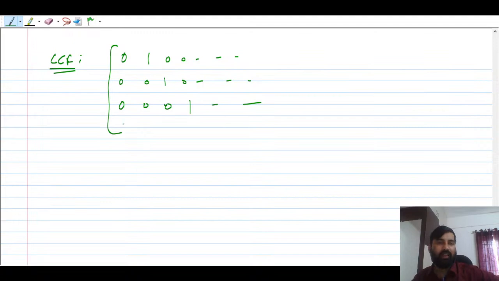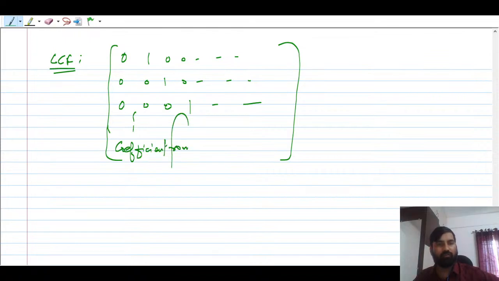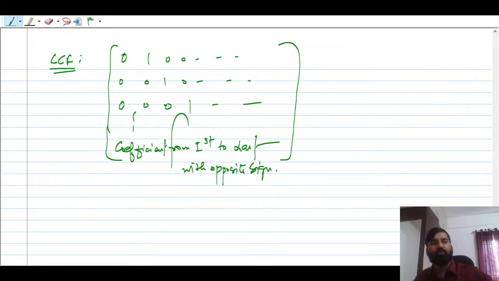And the last row is going to be the coefficients from first to last with opposite sign. Please remember this. Understand? So you will be able to do any question then.